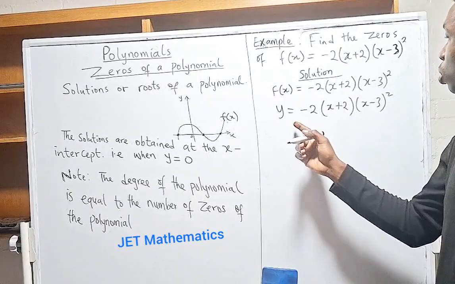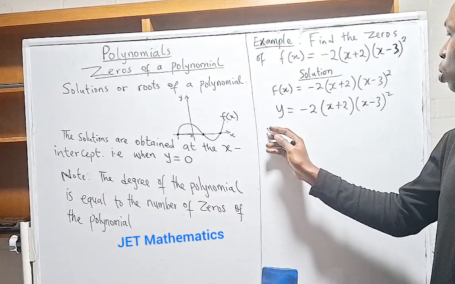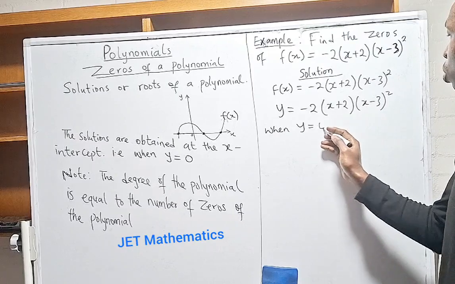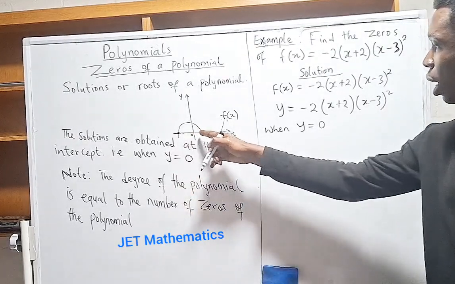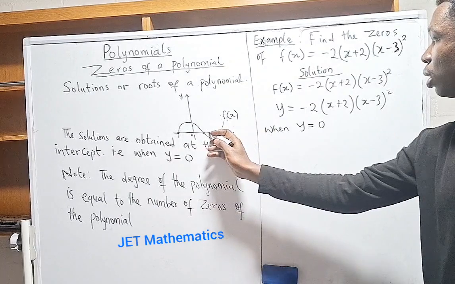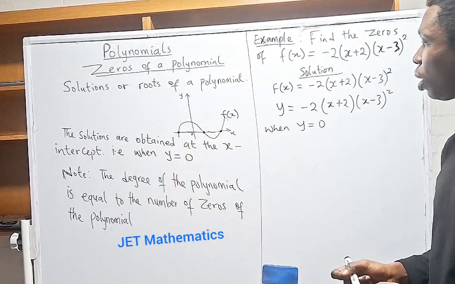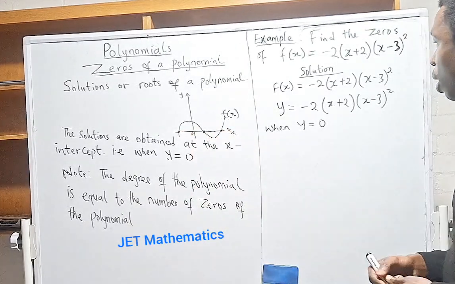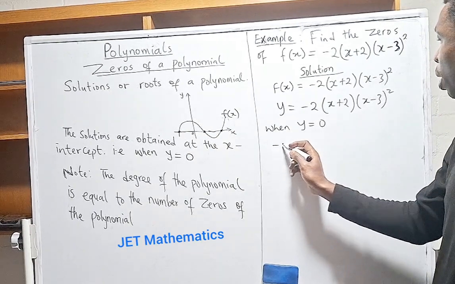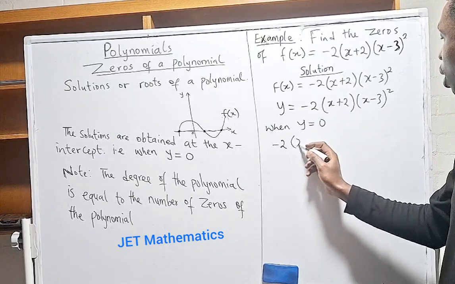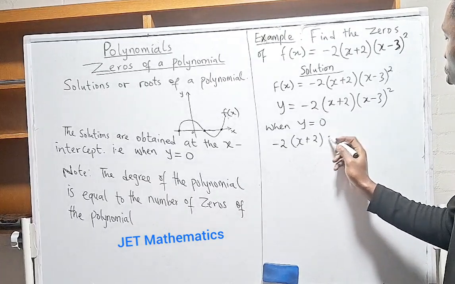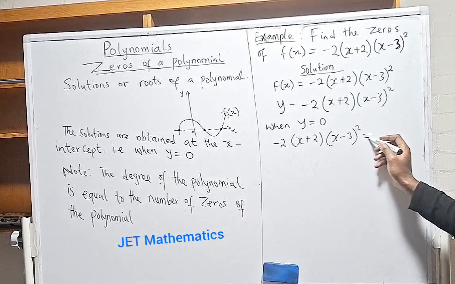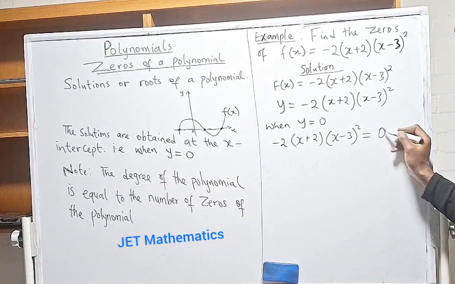To get the zeros, we say when y is equal to 0, because at this line you get y equal to 0, and that's where we get the intercept on the x-axis. So we say minus 2 bracket x plus 2 bracket x minus 3 all squared is equal to 0.